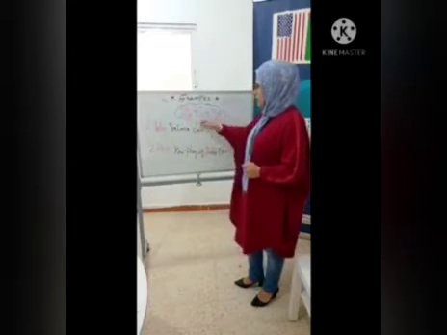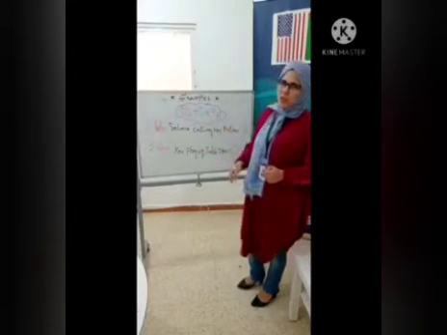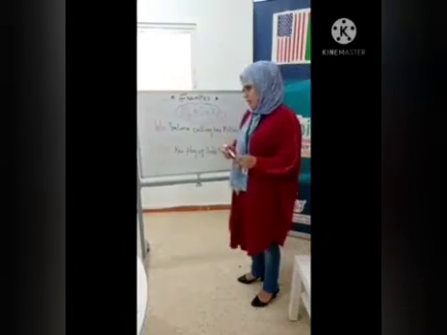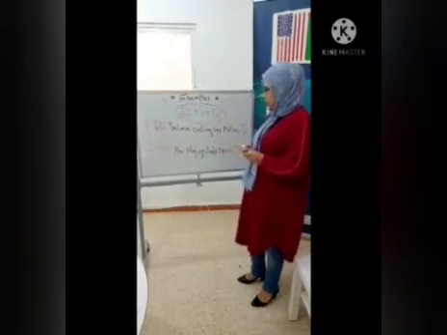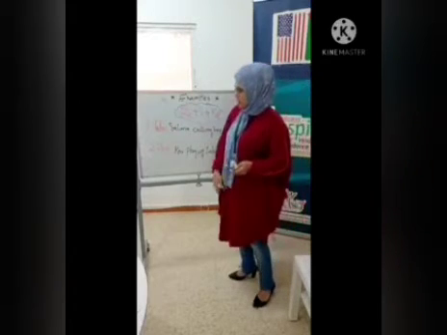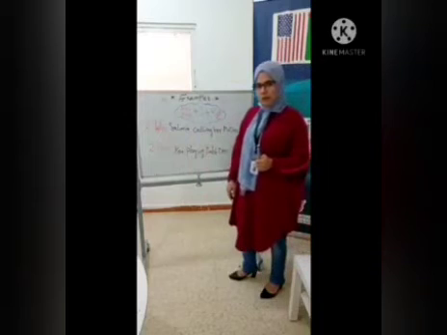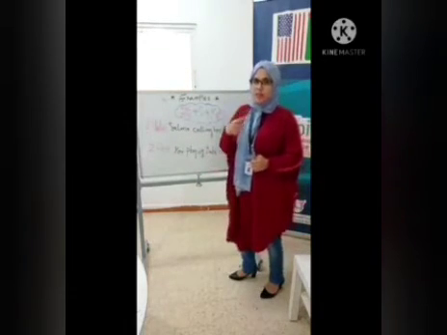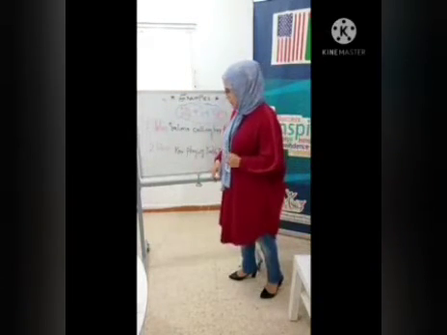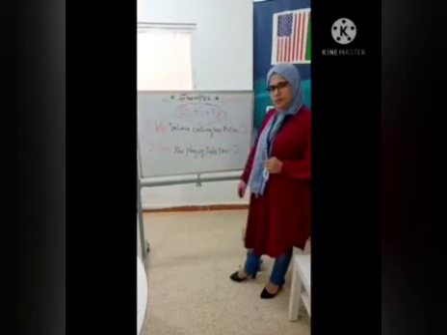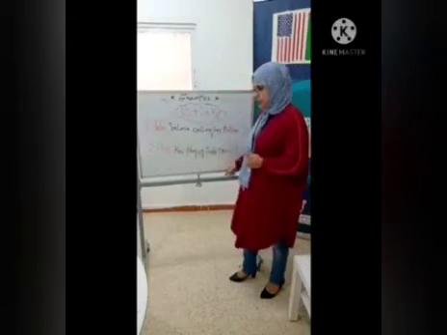Was or were plus subject plus verb ending with ing, and don't forget the question mark at the end. So here, the first example: was Selma calling her mother? Focus on the tone of speech. Were you playing table tennis?